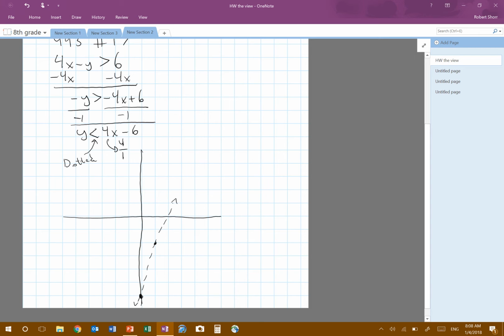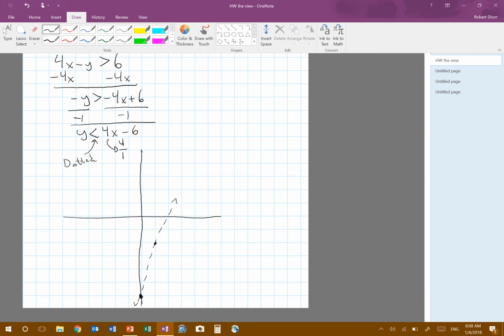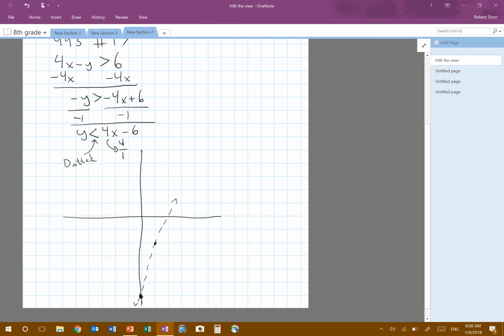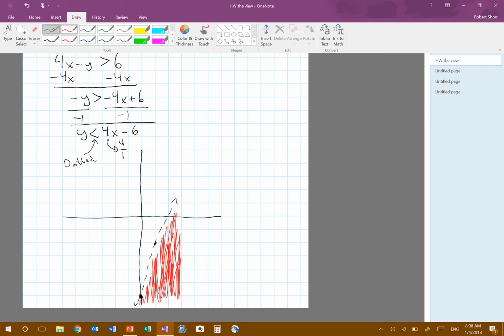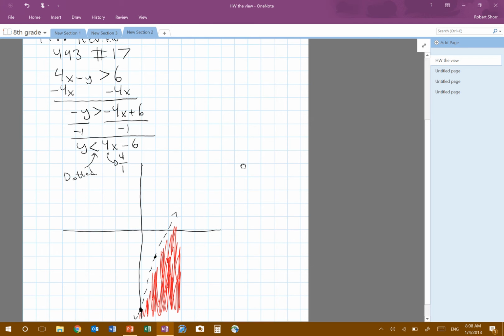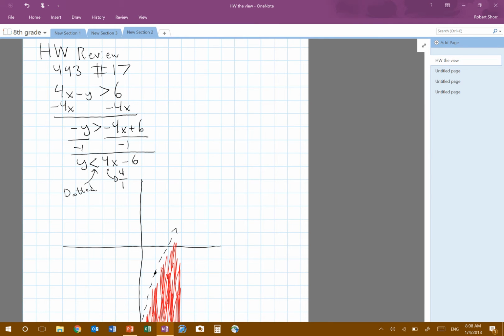And since it's less than, we want to shade under. So that is page 493, number 17.